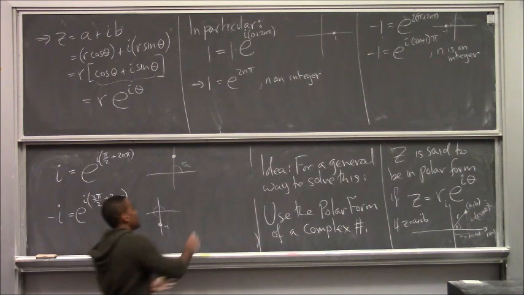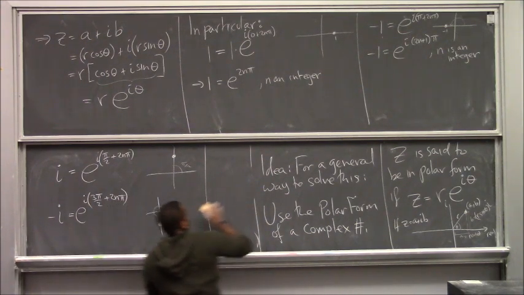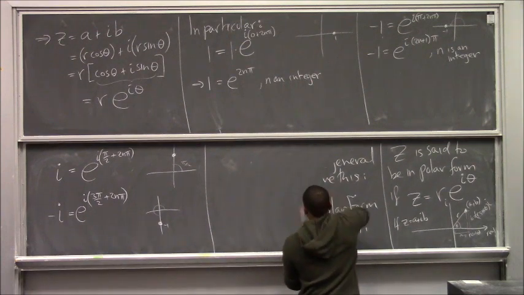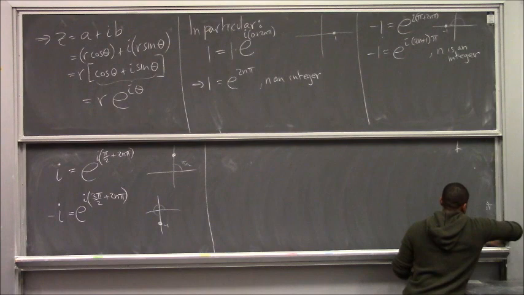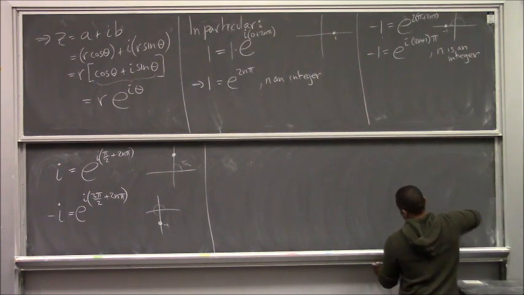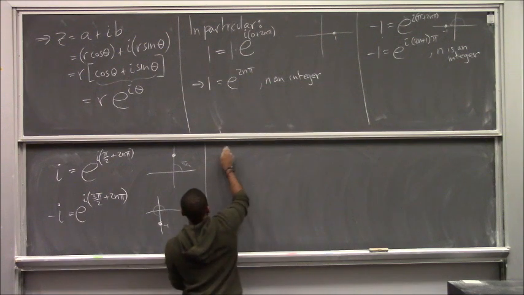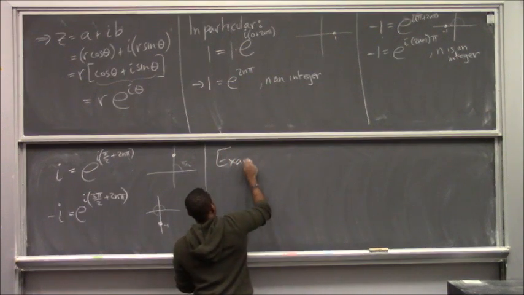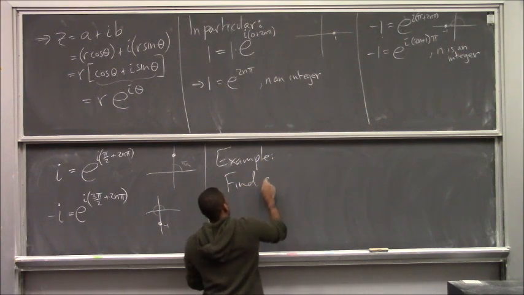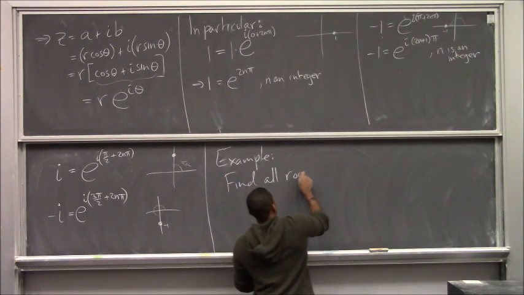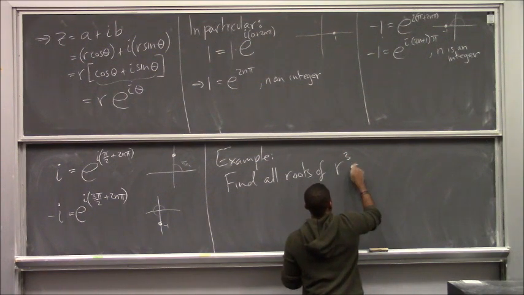Let's actually see this in action. Now I'm going to use it on something that we already know how to do, so you can see that it actually works out. Example: find all the roots of r cubed equals 1.